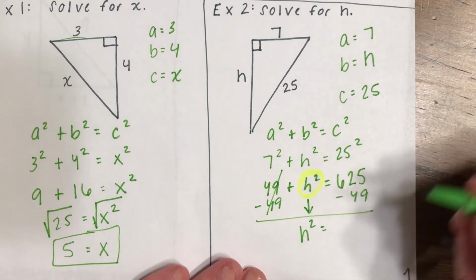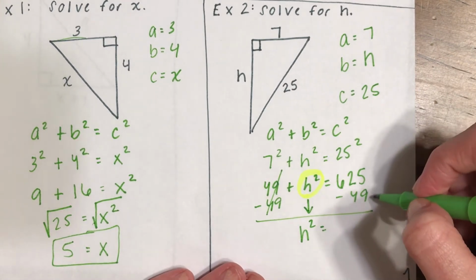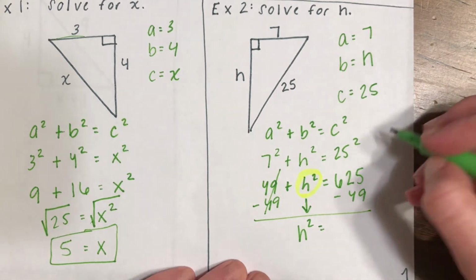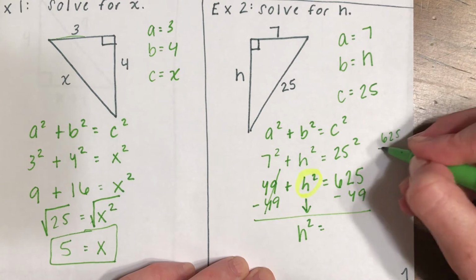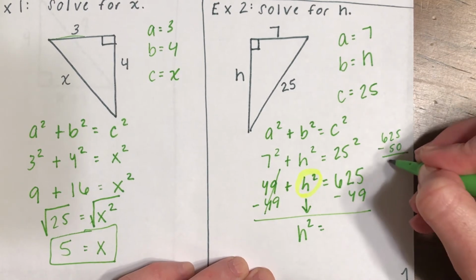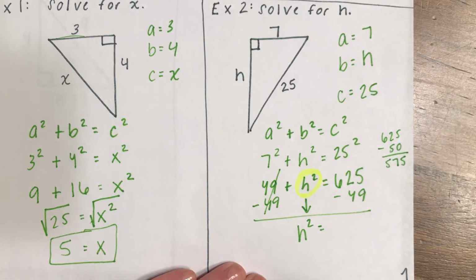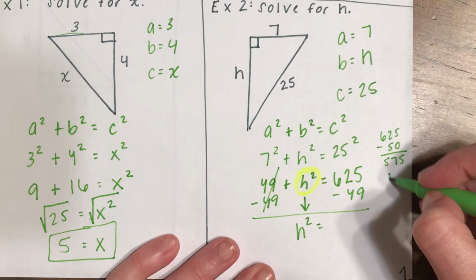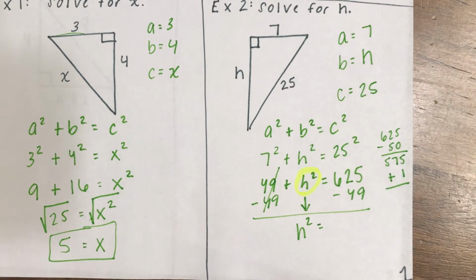Okay. All right, when you subtract 625 minus 49, a good trick when you have a 9 on the end, I think of 625 minus 50 would be 575, and then since I had that 1 that added to make 50, I'm going to add 1 here. Okay?